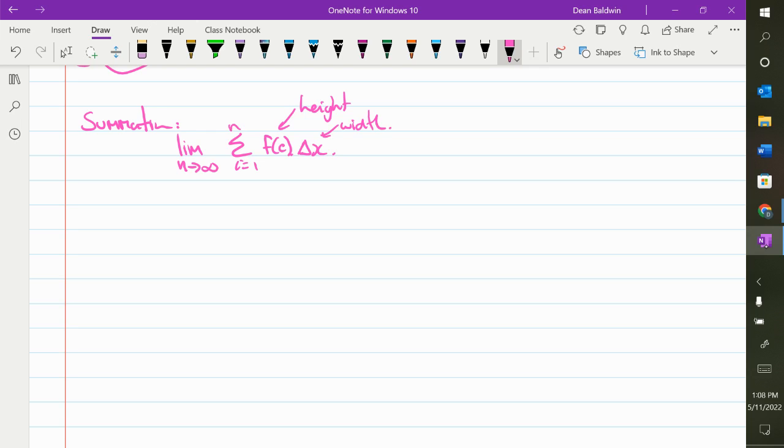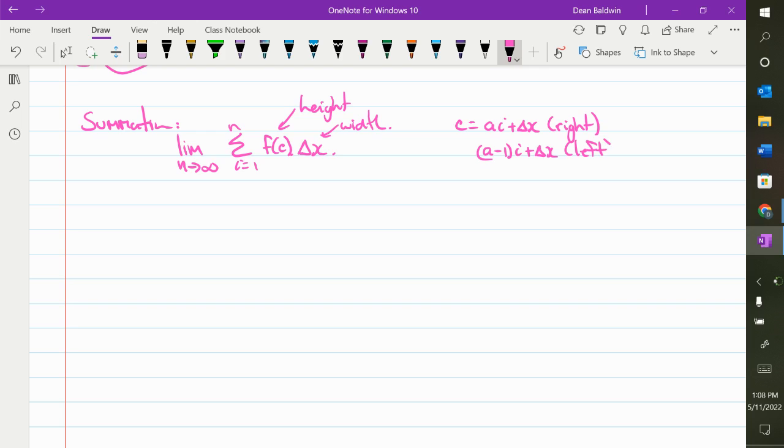Remember c, if you do the right side, which I always use: it's a plus i delta x. And if this is the right side, the left side is a plus (i minus 1) delta x.